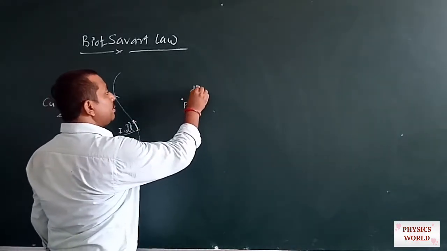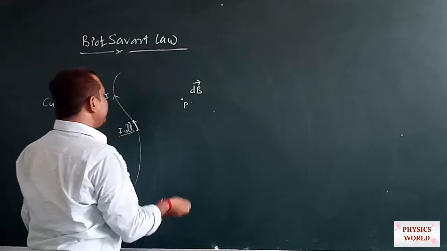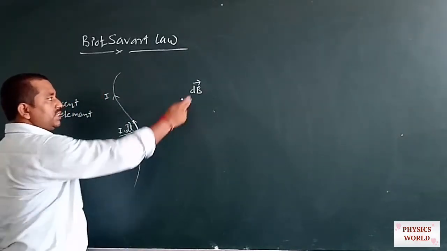Let us assume that the small magnetic field due to this small current element at point P is dB.